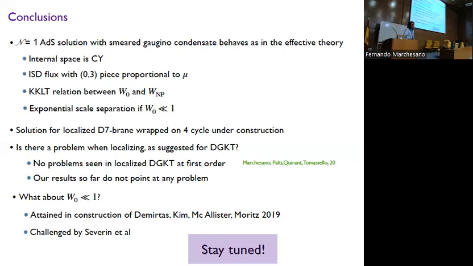Maybe I can ask a question then. Regarding the unsmeared case, you had this delta function, but I couldn't see any warp factor on the left-hand side. Sorry, yeah, I should have said that. I put the dilaton to 0 and the warp factor, but you can have a warp factor.